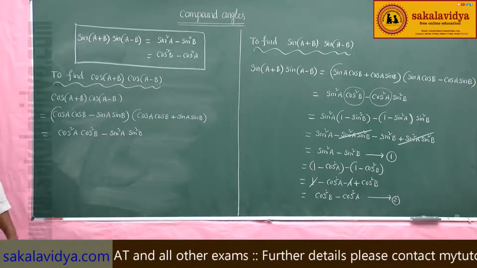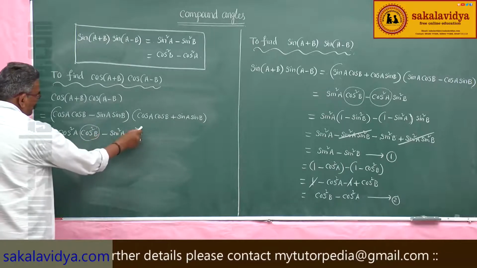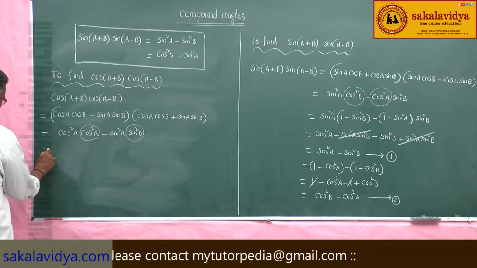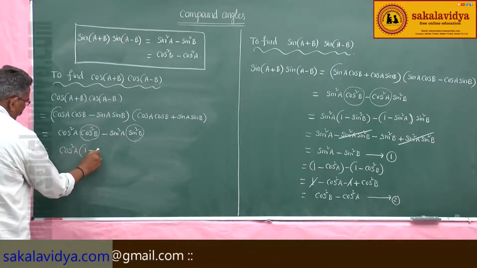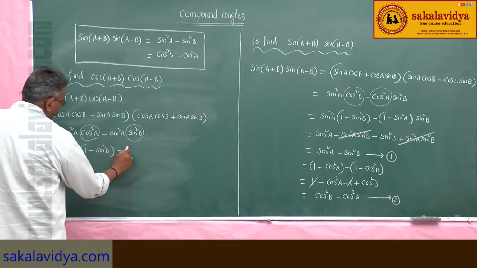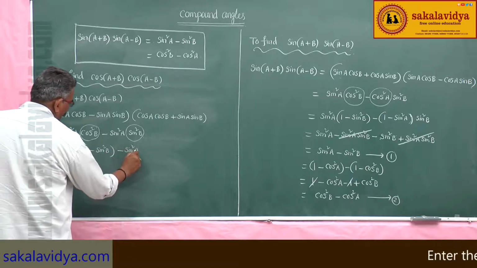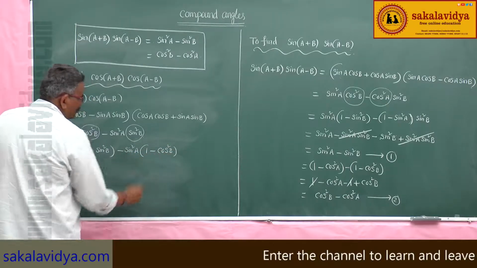Okay. Let us change this cos square B in terms of sin square B in terms of cos. So, we can write cos square A into 1 minus sin square B minus sin square A into 1 minus cos square B. Let us check it.